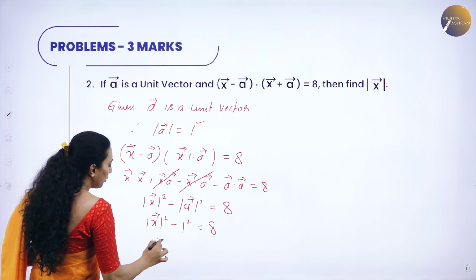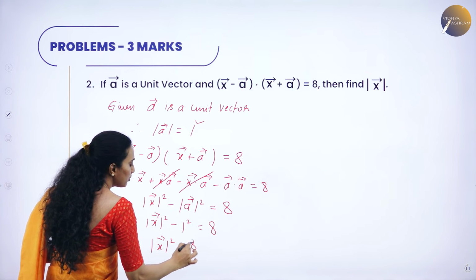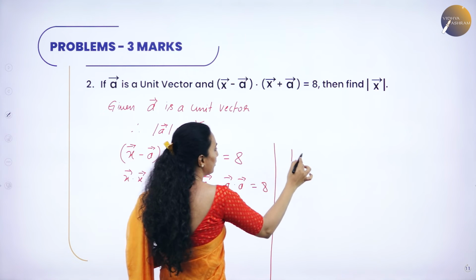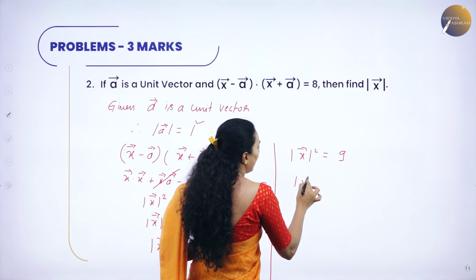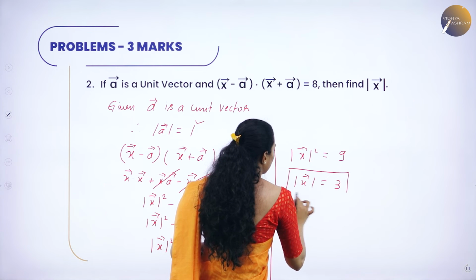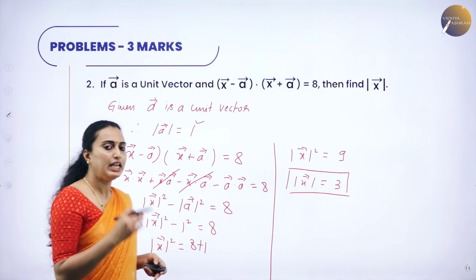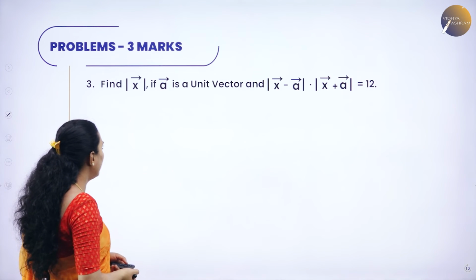Otherwise, magnitude of x vector square is equal to 8 plus 1. 1 squared is 1, so 8 plus 1 is nothing but 9. So magnitude of x vector squared is equal to 9. Otherwise, magnitude of x is square root of 9, which is 3. That's it, and this is your final answer. Be careful, they have given A vector is a unit vector. Now we'll be moving on to the next problem.